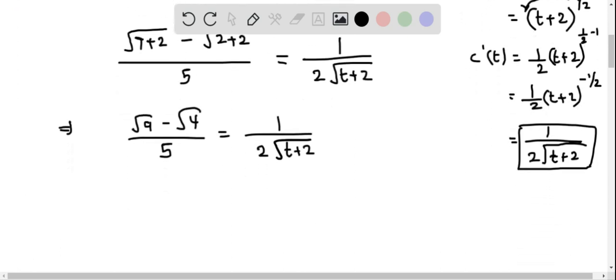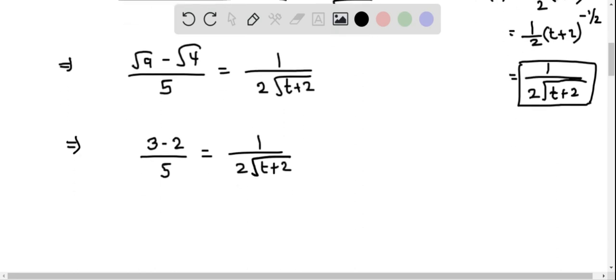Let's simplify and solve for t from this equation. So the square root of 9 is 3, and the square root of 4 is 2, and this is divided by 5, and this equals 1 by 2 times the square root of t plus 2. So on the left side we get 3 minus 2 is 1, so it becomes 1 fifth equals 1 over 2 times the square root of t plus 2.